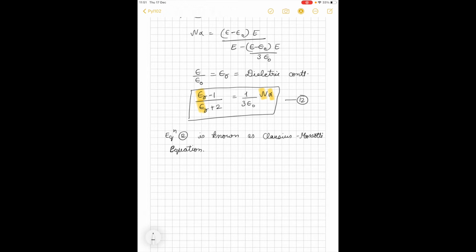So this is a relation where you calculate the direct dependence of a macroscopic property on a microscopic property. So I can just write it: these are microscopic quantities, and this one is macroscopic.